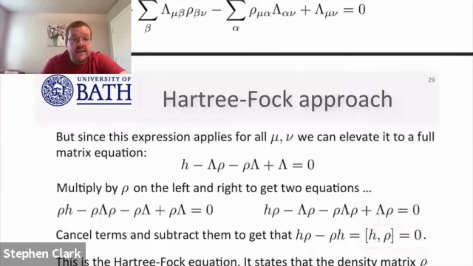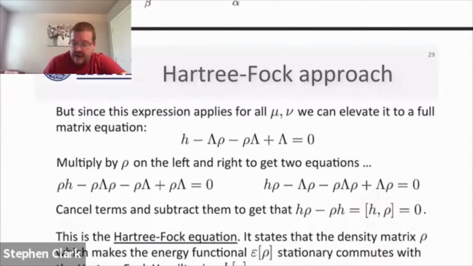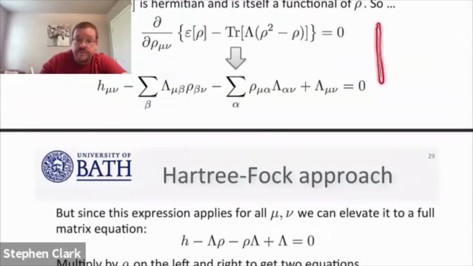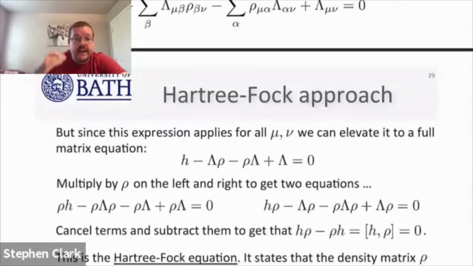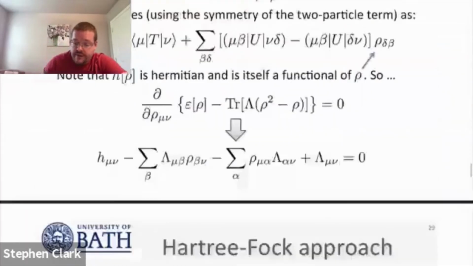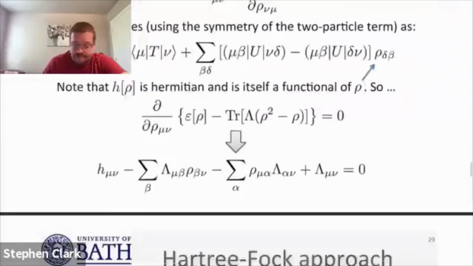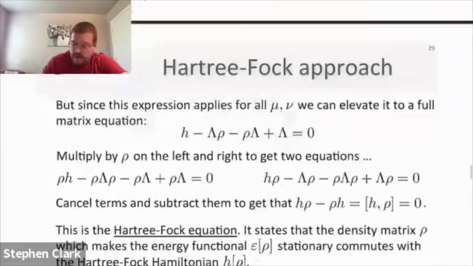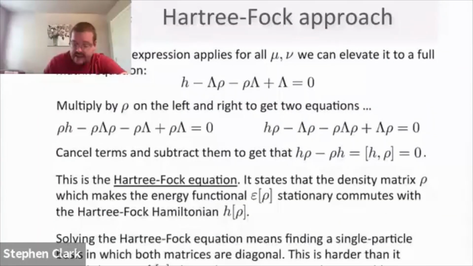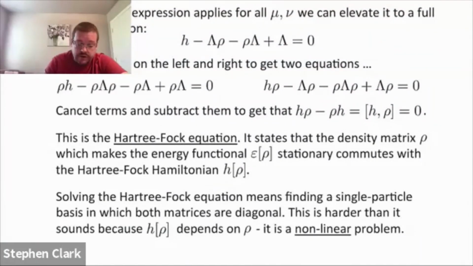So what it said is that in order to minimize this functional, we need to find a single particle density matrix, which is rho squared equals rho, which commutes with the effective Hamiltonian H. Now that sounds like it should be easy to do.